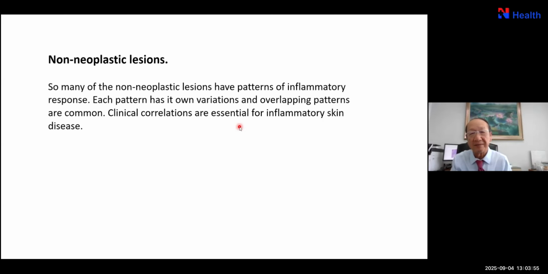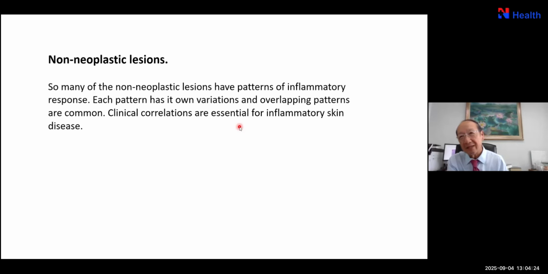variation in the pattern. It's quite difficult for pathologists who do not have training in clinical dermatology, because the names of skin diseases are already difficult for the general doctor. They have some funny names that when we hear them, we have no idea what they are about.